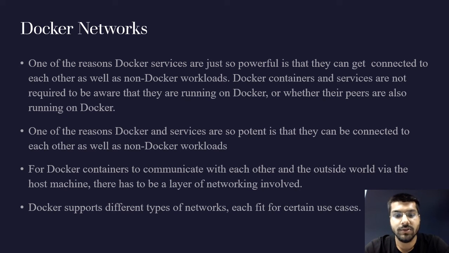For Docker containers to communicate with each other and the outside world via the host machine. So mainly the Docker containers communicate with each other via the host machines. Docker supports different types of networks, each fit for certain use cases. That's what Docker networks talk about, that Docker supports different types of networks.